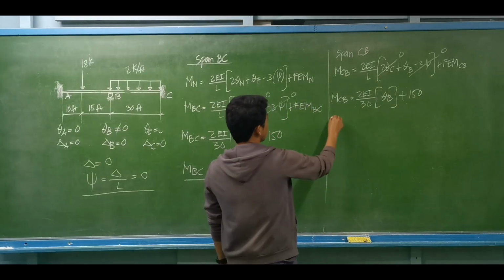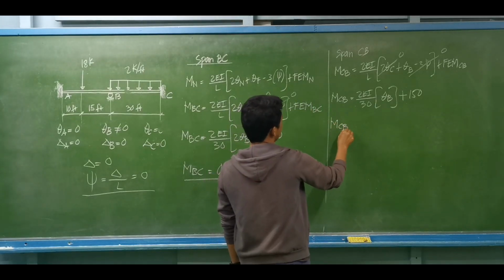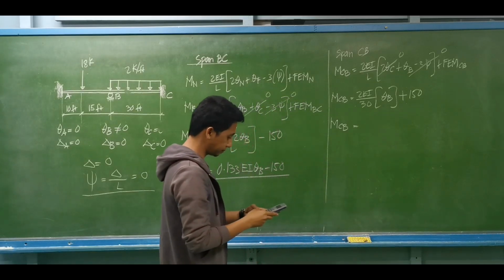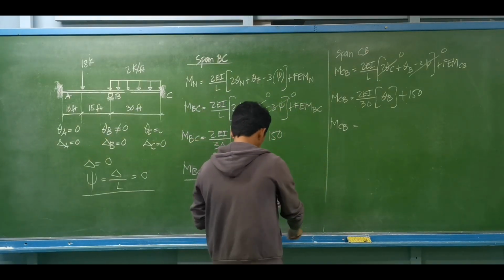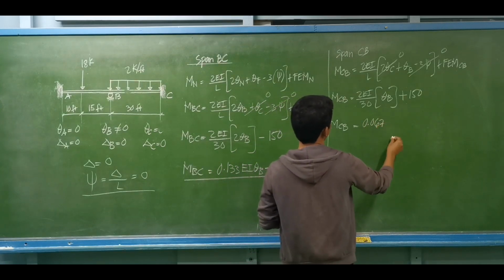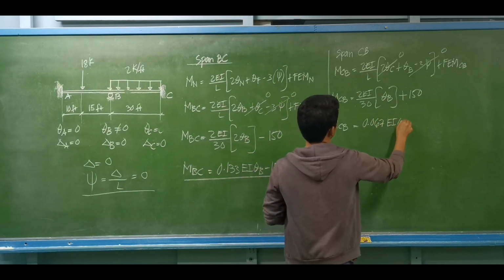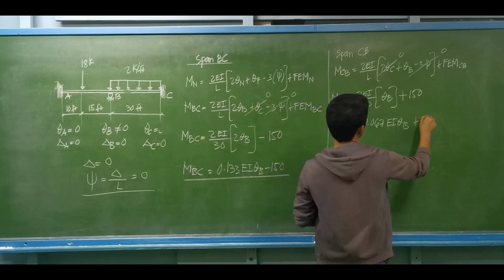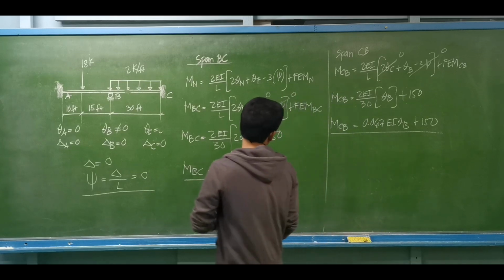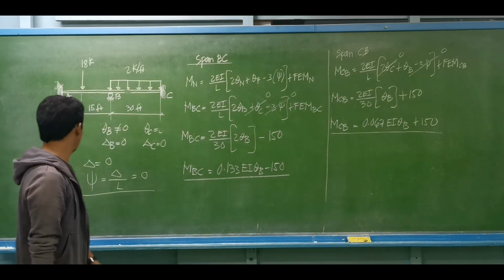So we'll be having the moment for span CB is equal to 2 over 30, which is 0.067 EI theta sub B, then plus 150. And this will be the equivalent of moment CB.